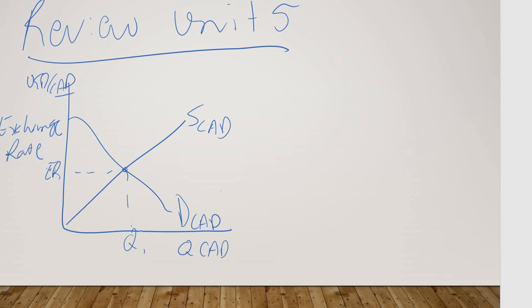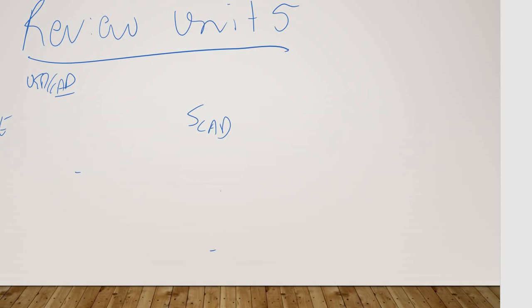Let me go ahead and answer for you guys the FRQ problem on the review as well. Alright, so 1 part A, draw an aggregate demand, aggregate supply for an economy where the unemployment rate is above the natural rate.